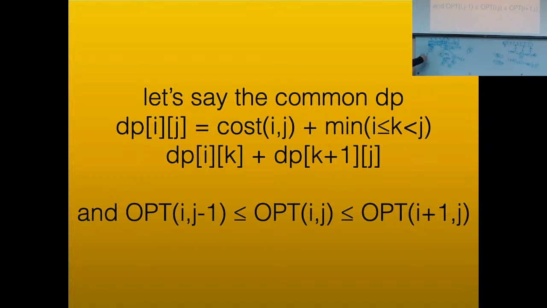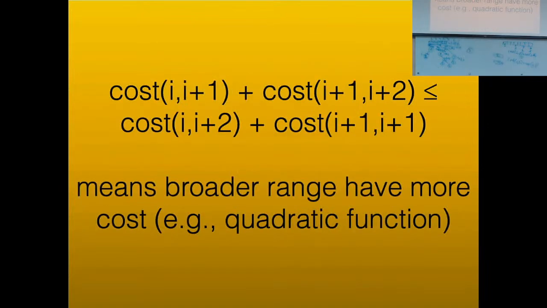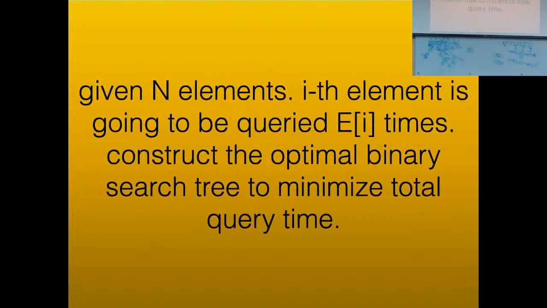Let's say you take 2 here, then you can sum this, 40 plus dp[1][1], dp[3][3], right? So this optimal binary search tree problem is basically this, and the cost is just the sum of the e_i there.